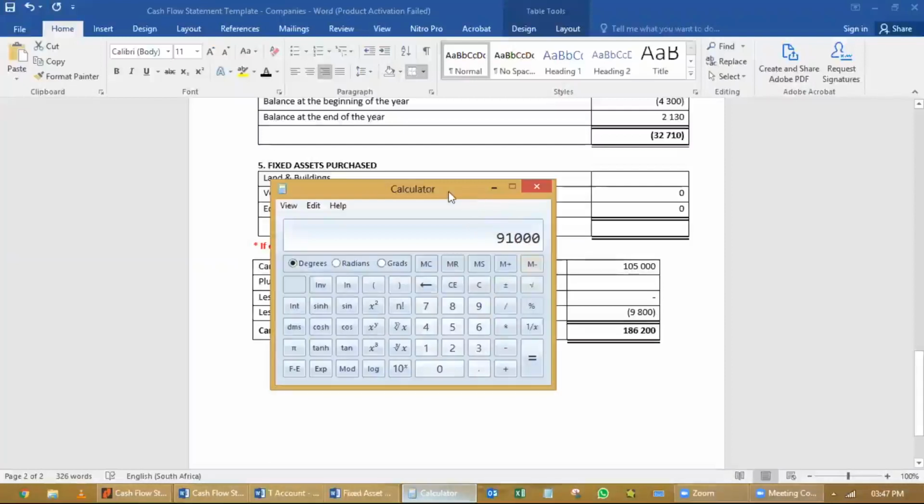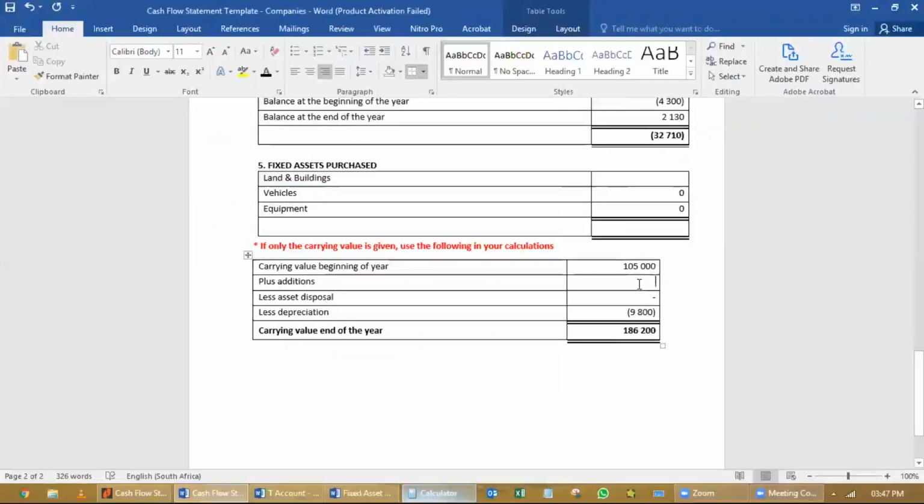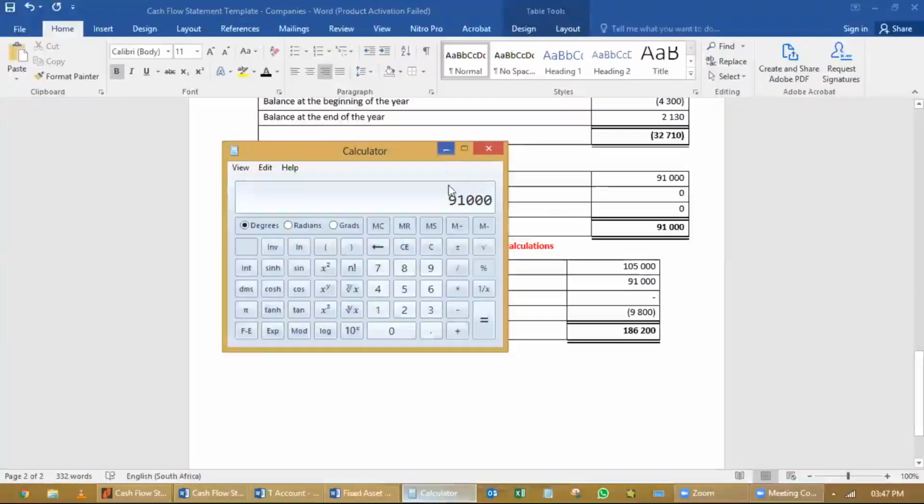Right? And that gives you 91,000 of assets that you bought. If you put the 91,000 in there, you now know that's how much you spent on land and buildings. So then you can put it in there and finish this note. You can test this to see if you were correct by working the right way around.